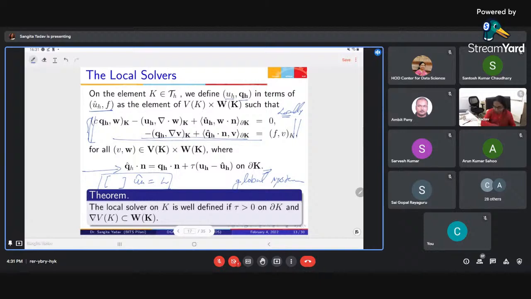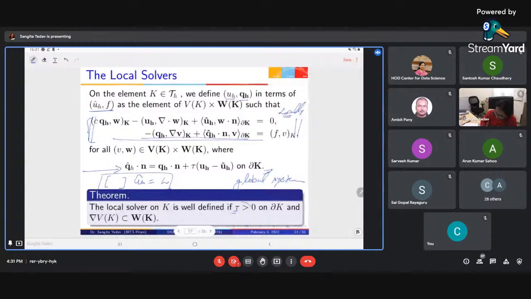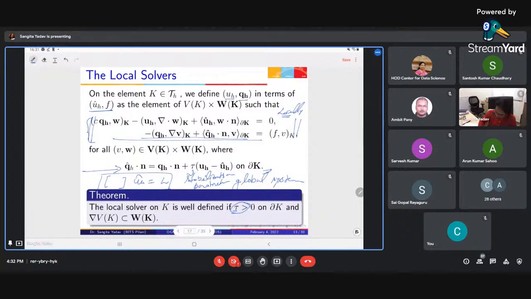So here, the local solver on K, that means these uh and qh, are going to be well defined if you choose this tau. What is tau here? This we call the stabilization parameter, which we are choosing constant element-wise. On the boundary of K, we will be choosing it as a constant.